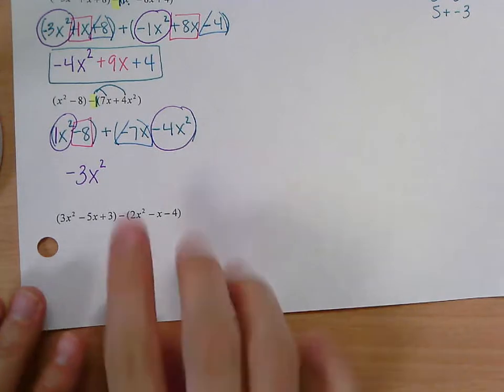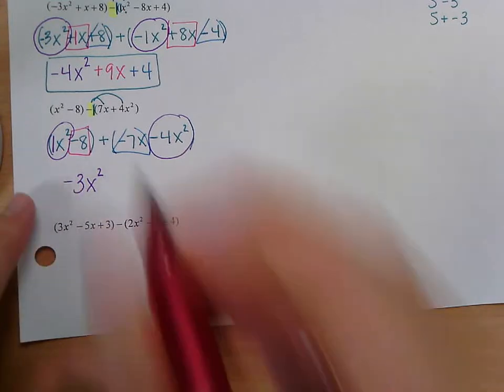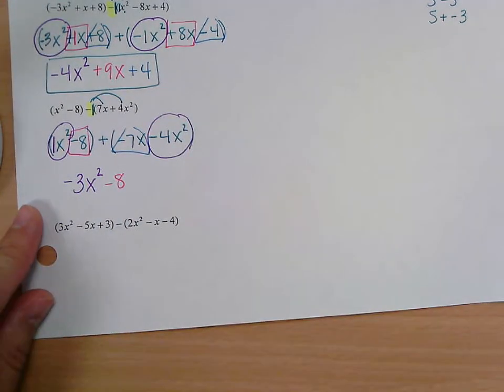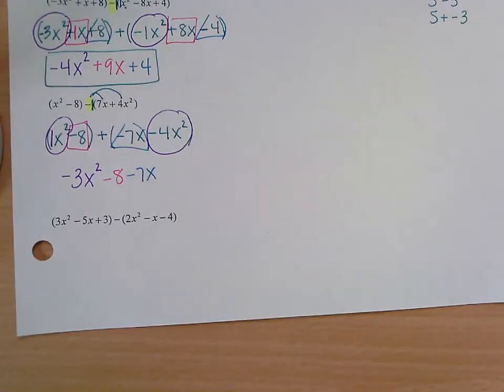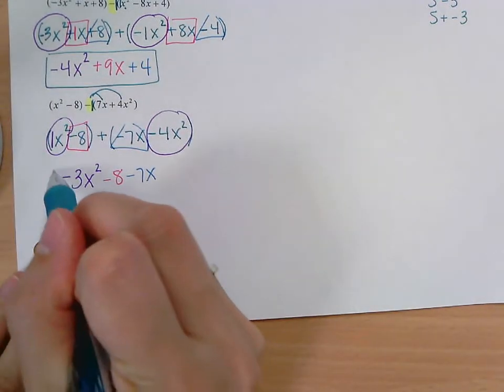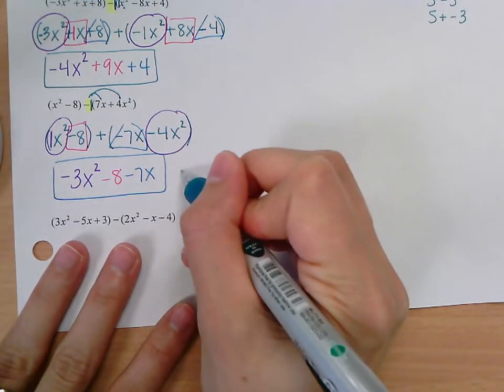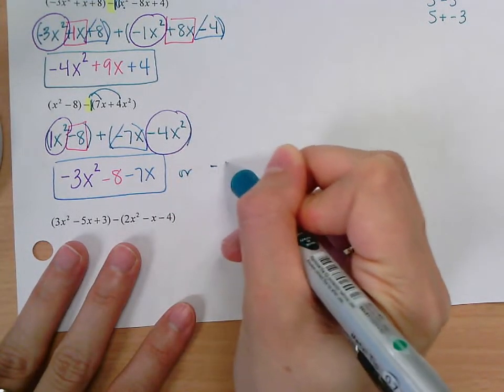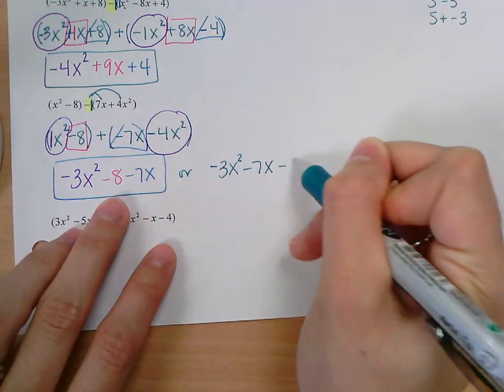It doesn't say in the directions to write it in standard form. So if you kept the minus 8 and then put the minus 7x, that's okay. Or like Andrew had said, the standard form would be negative 3x squared minus 7x minus 8.